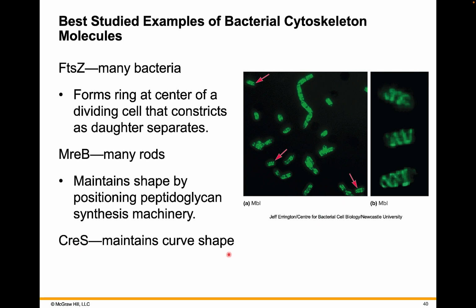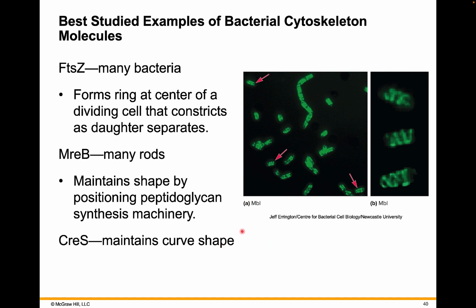And these are some of the specific types of proteins which are known as MBL. And you can easily see that they are present in a helical format along the length of the cell. So here you can see that they are going at 90 degrees compared to the length of the cell, and maintain the curved shape of many of the bacteria.